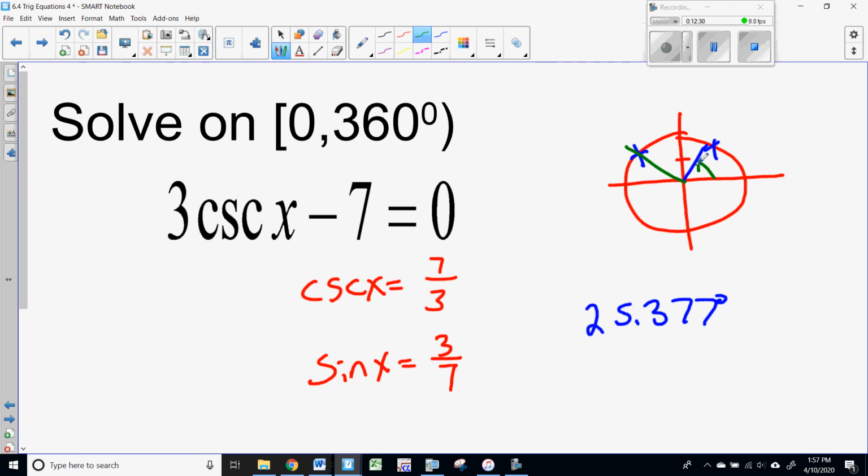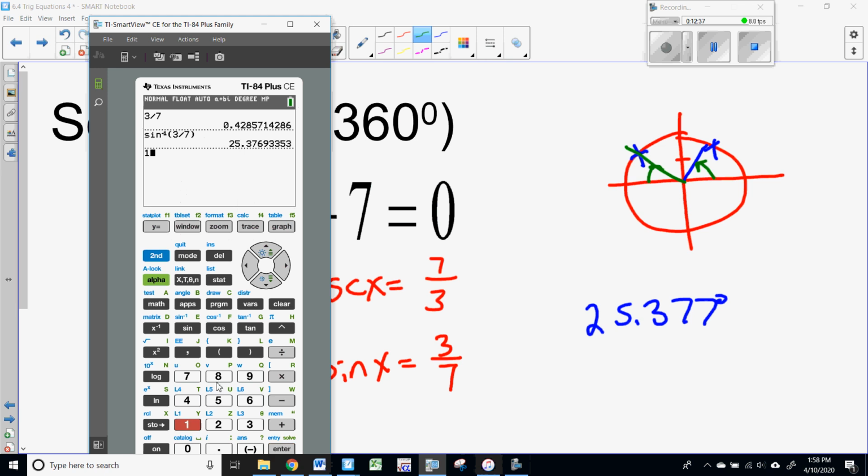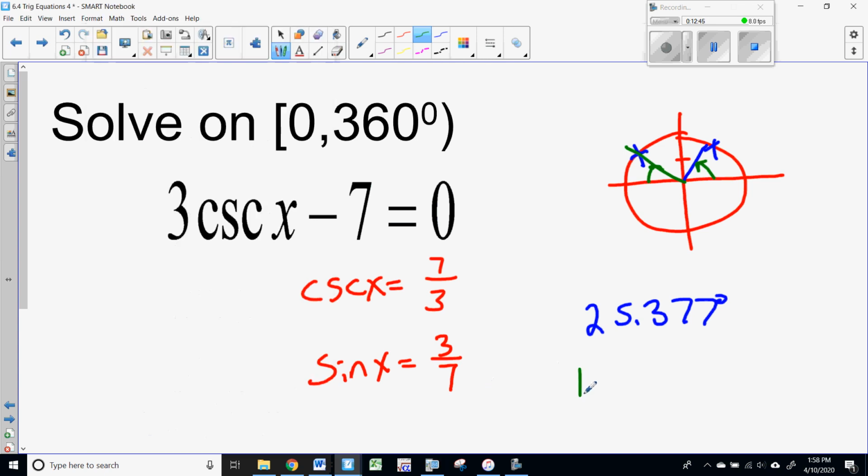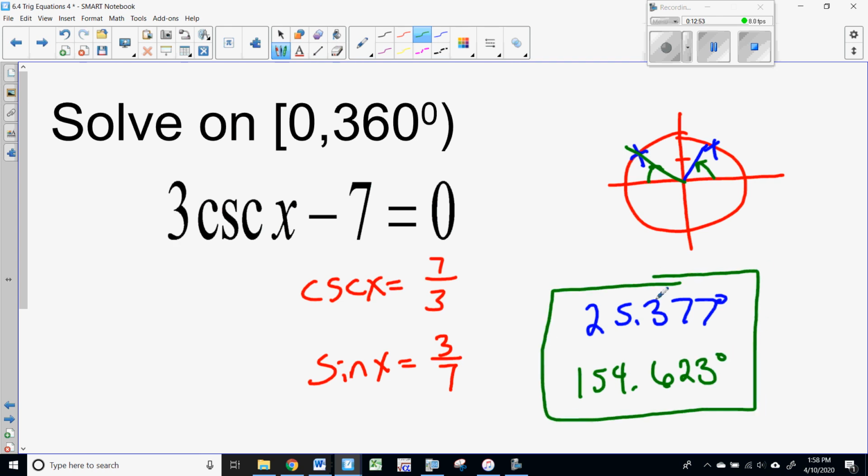I'm going to take that and subtract it from 180 to get my other answer. So I take 180 minus that answer, and I get 154.623.